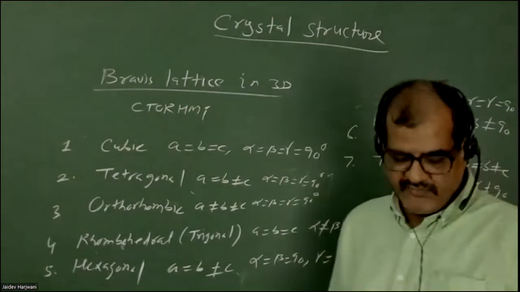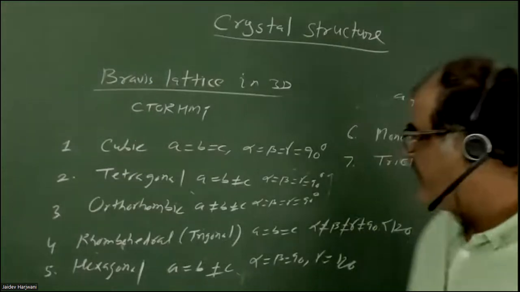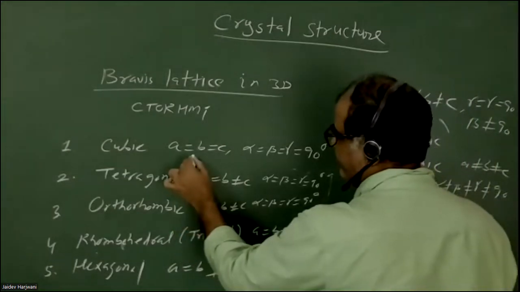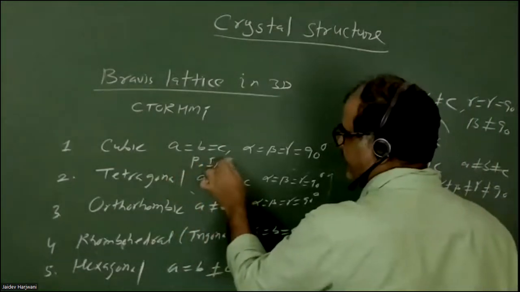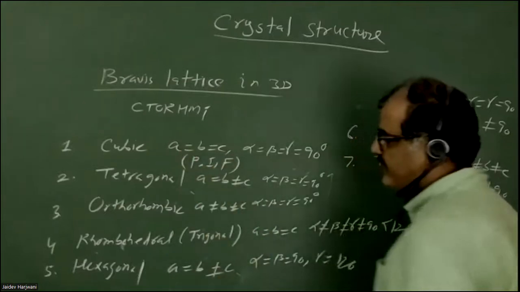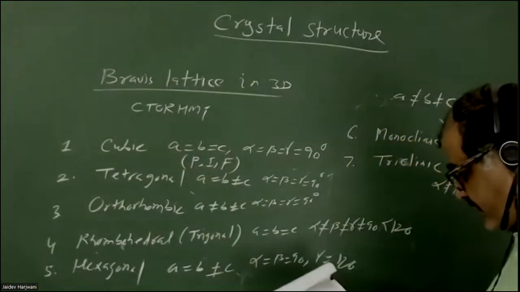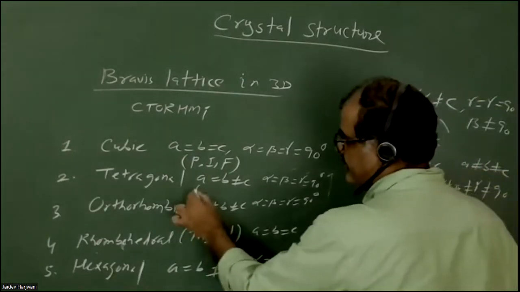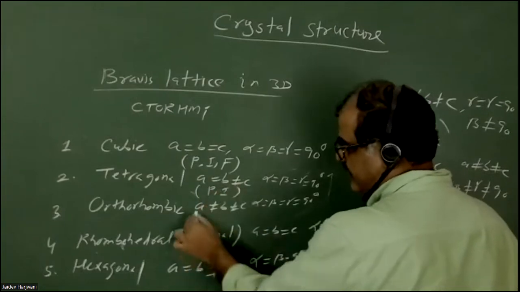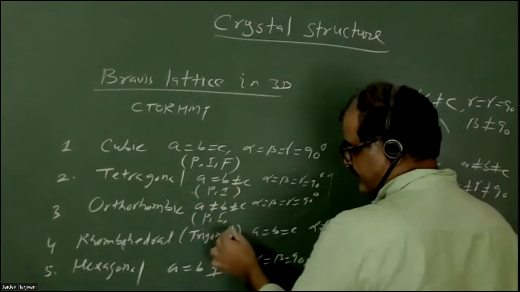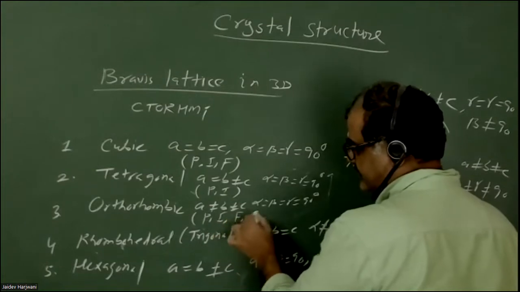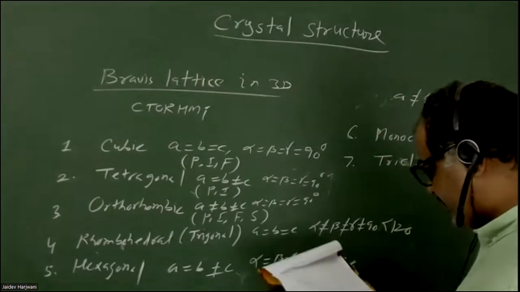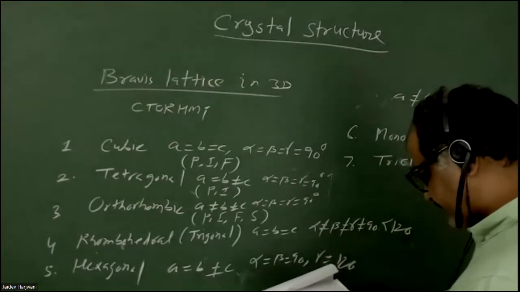If you see the unit cells, in cubic we have only 3 types: P, I, F. The base centered or S lattice we don't have in cubic. In tetragonal I have only P and I. Orthorhombic I have all 4: P, I, F and S. In trigonal में क्या होता है?